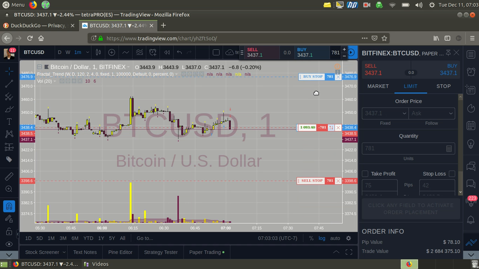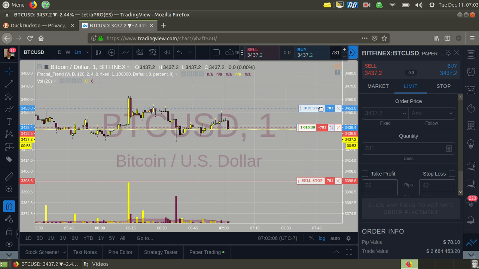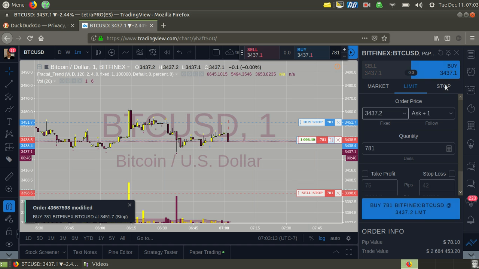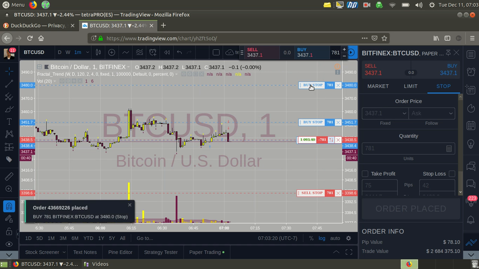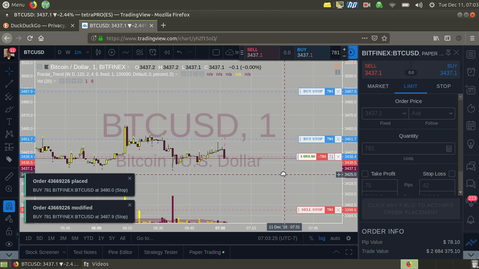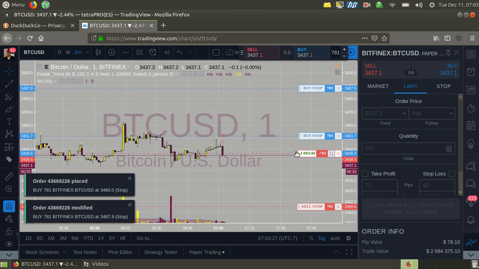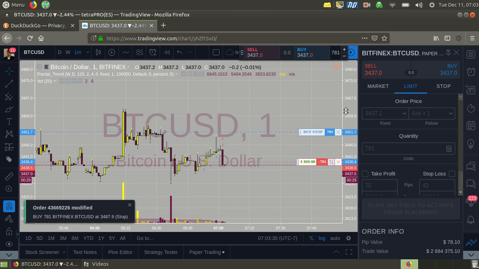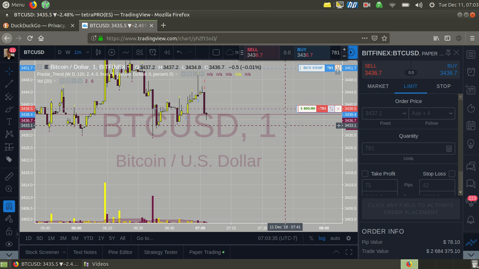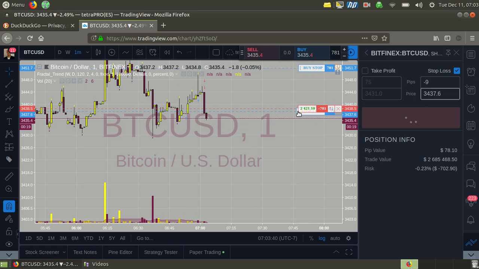Now it took out our last buy stop, so we're bringing this one down, to be prepared to go long again if it goes long. Go ahead and prepare by putting another line out there. 34.80. Put my stop down to lock in some profit.